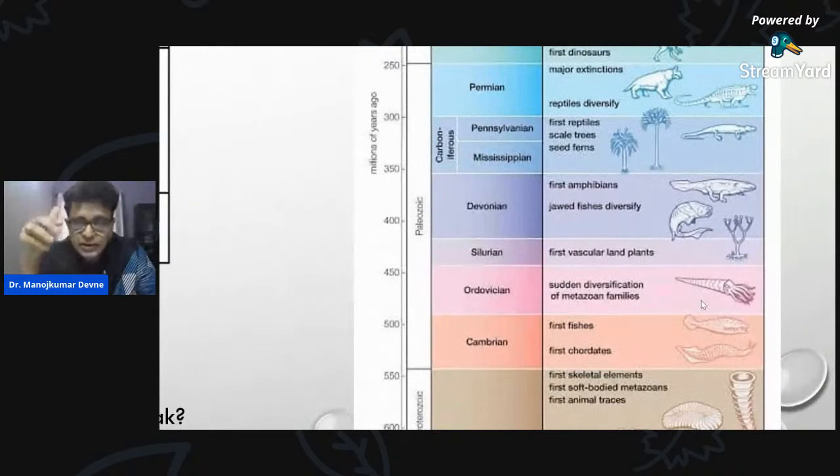So here it starts. The church says it's 6,000 years old, but scientists knew it's not that short a period. It's not going to be in thousands or in lakhs, it's going to be millions. So in 1897, Joly comes up with a figure that the earth is 90 million years old.